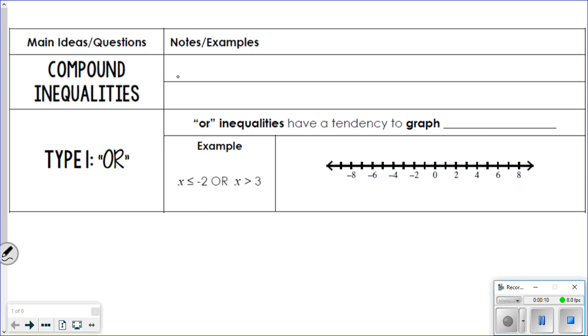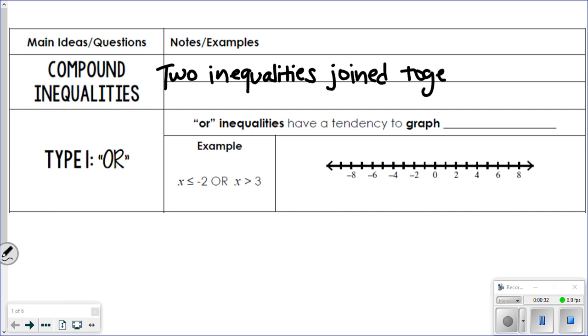So compound inequalities are two inequalities joined together by "and" or "or."